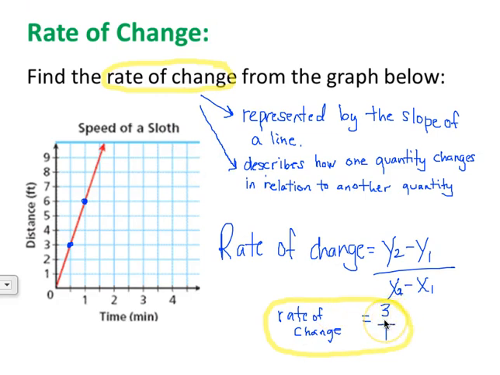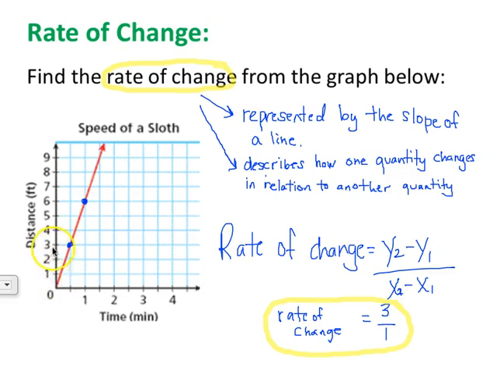And what does that mean? Remember, rate of change compares how one quantity changes in relation to another. So what does that vertical change represent? The distance. So for every minute, the sloth travels 3 feet.